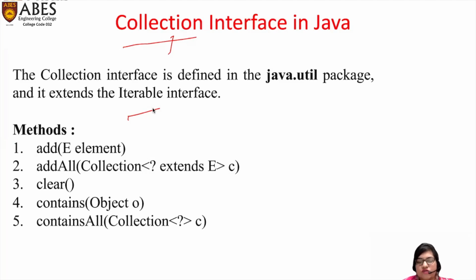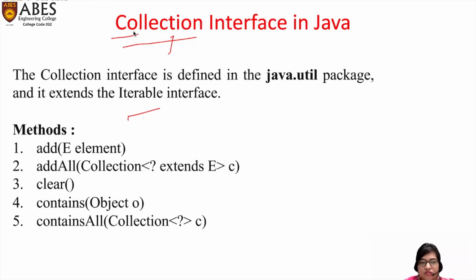The Collection interface doesn't implement any methods directly. Instead, it defines several methods that must be implemented by a concrete class, maybe ArrayList, that implements the Collection interface.